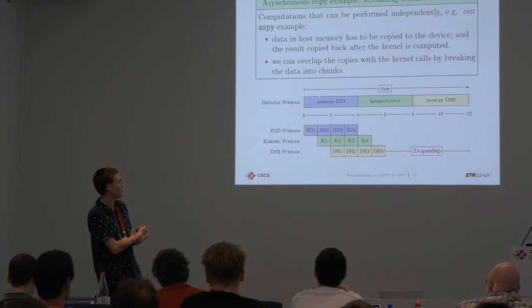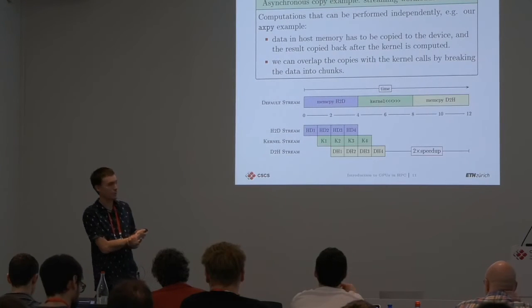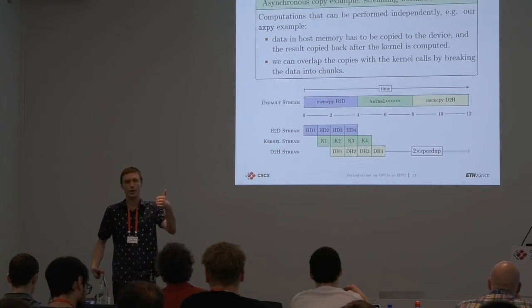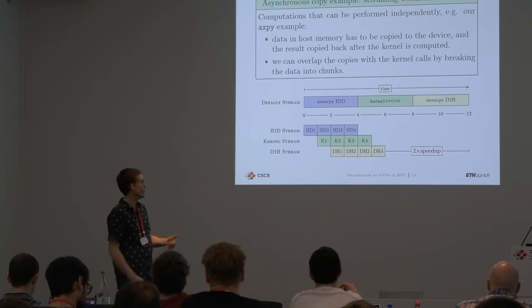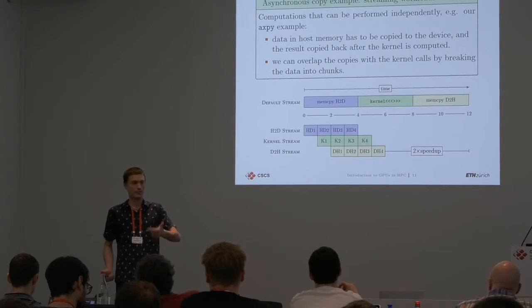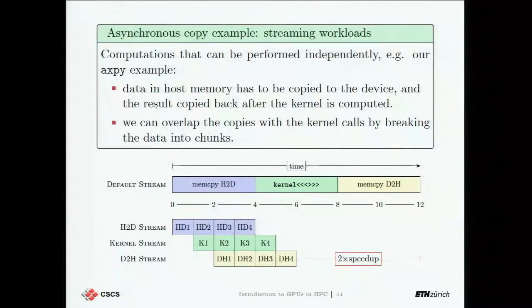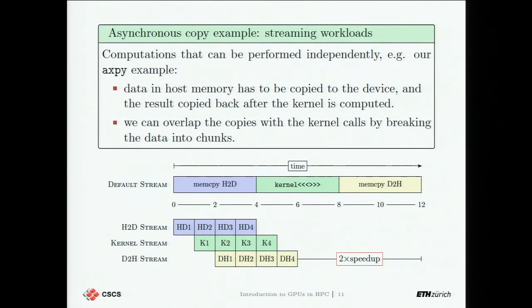So what if we were to break this information up into 4 chunks, and we have 3 streams: one stream for copying from host to device, one for applying the kernel, and one for copying from device back to host. We could copy the first chunk over, and when it has finished copying, straight away start applying the kernel to it, and when that kernel has finished, start copying back.